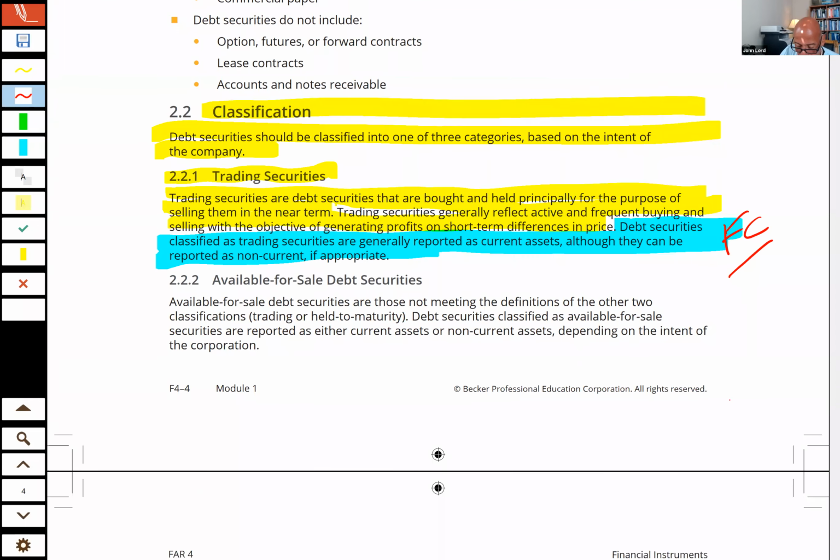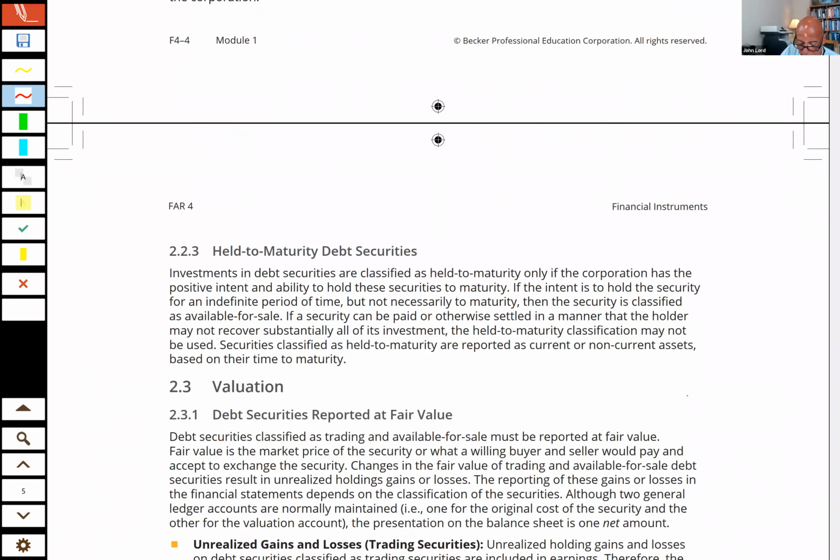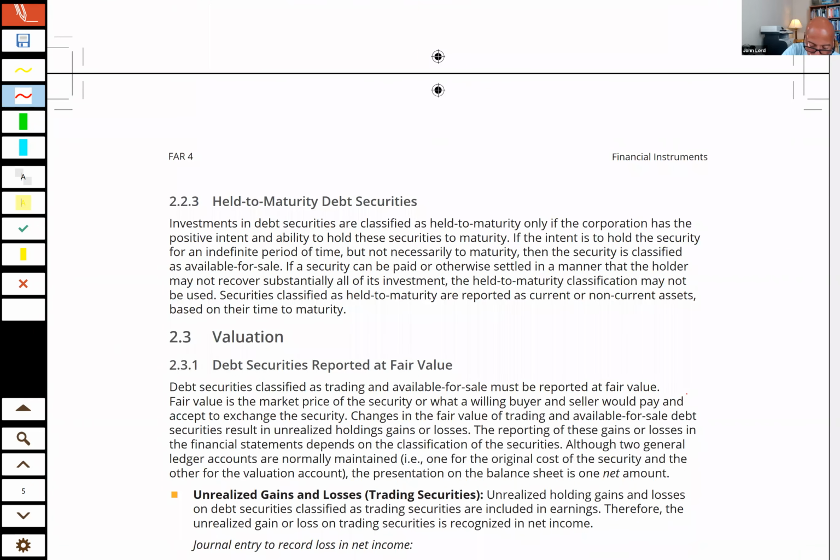Now let's just look at held to maturity securities, and we'll come back to available for sale. Investments in debt securities are classified as held to maturity only if the corporation has a positive intent and ability to hold these securities to maturity. If the intent is to hold the security for an indefinite period of time, but not necessarily to maturity, they would put that security in available for sale, which we're going to look at in a second.